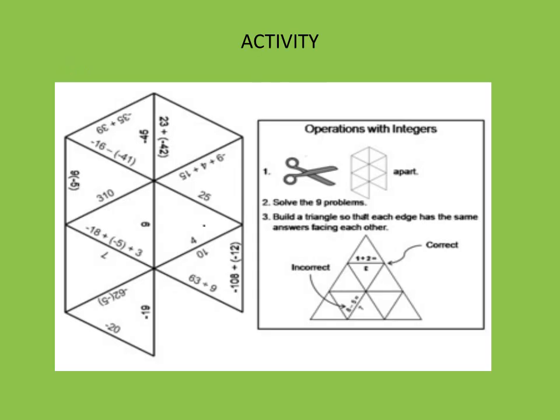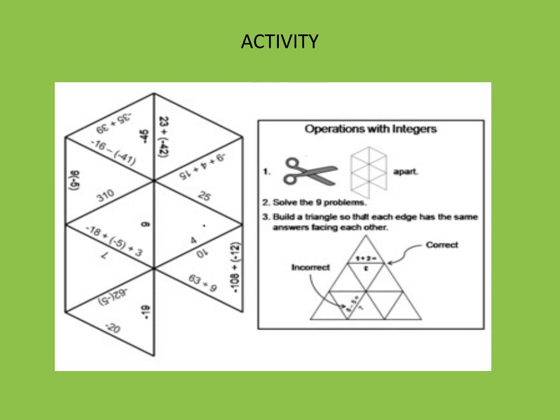Now, last but not the least, there is an activity. I hope you all will enjoy doing this. There are 9 triangle pieces in which different subtraction and addition operations of integers are given.